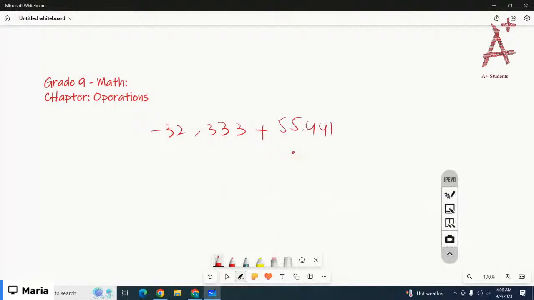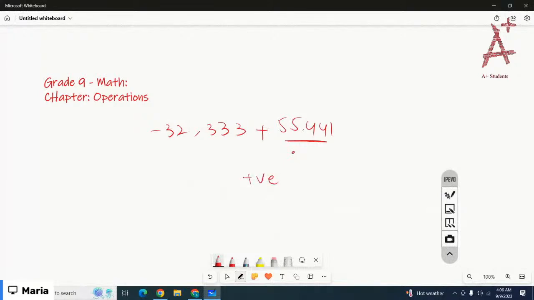The question is, if you perform the operation addition, is it positive or negative? When you add a positive and a negative number, the bigger number is 55,401 and that is positive. That means if the greater number is positive, the answer must be positive.